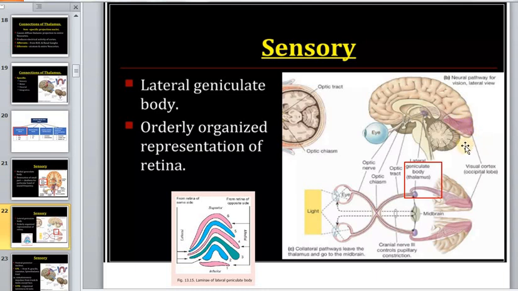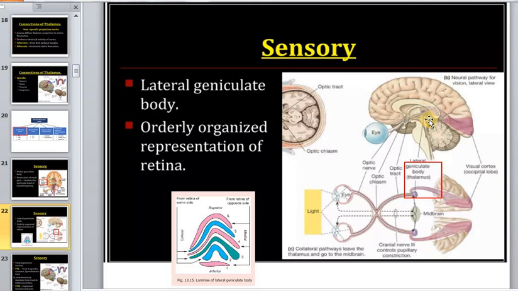It is the back side of our skull. The fibers from different parts of the retina project to specific parts of the lateral geniculate body. The whole of the retina is represented, a visuotopic organization, like in the previous slide, but with vision.